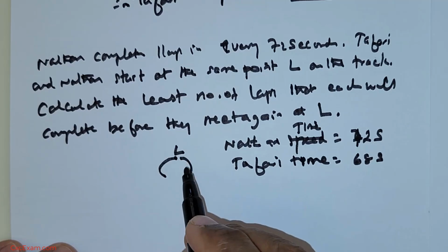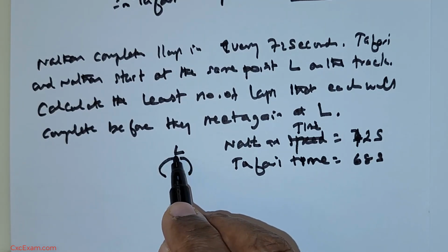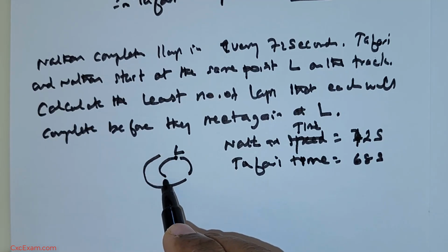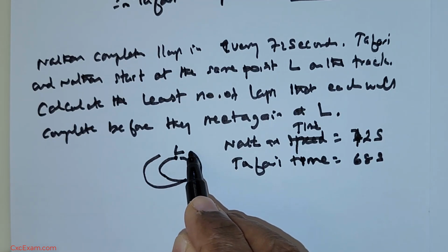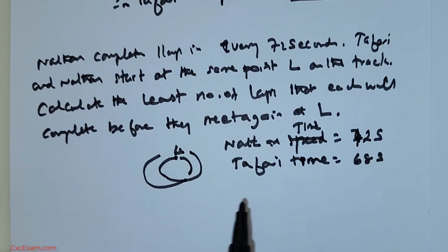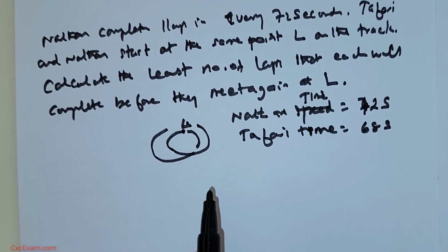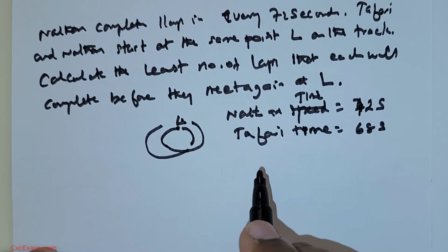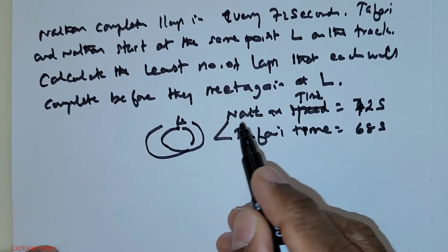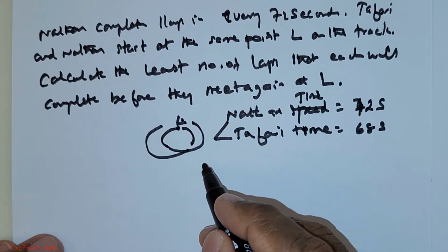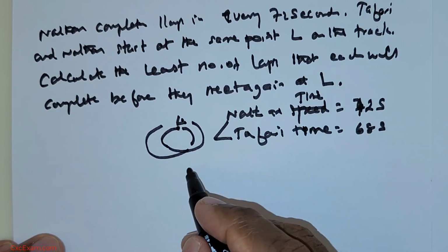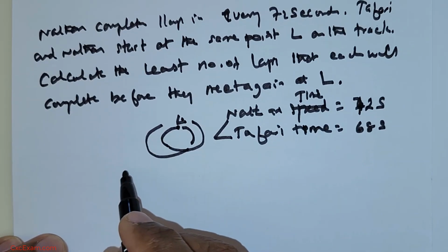Definitely they will have to traverse a certain number of laps before they could meet at that point L. So that is the question that wants us to find the number of laps that would take both. So I'm just briefly describing here.